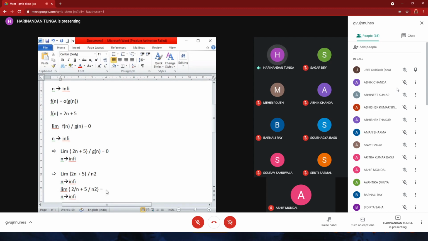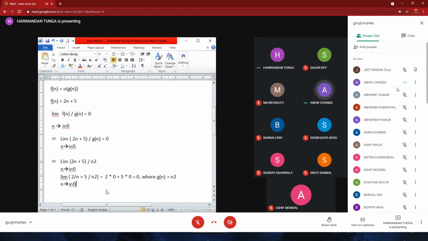So what is the value of the limit? 2 by n is 0, so that is 2 into 0, plus 5 into 1 by n whole square, that is also 0, so 5 into 0, equal to 0. So the limit is satisfied where Gn equals n square.